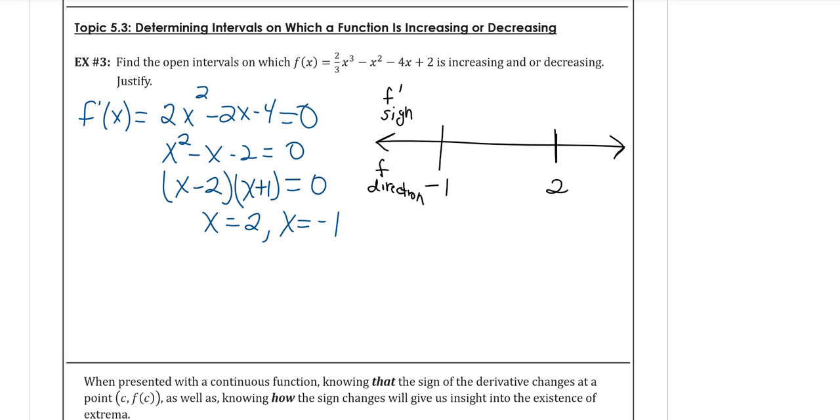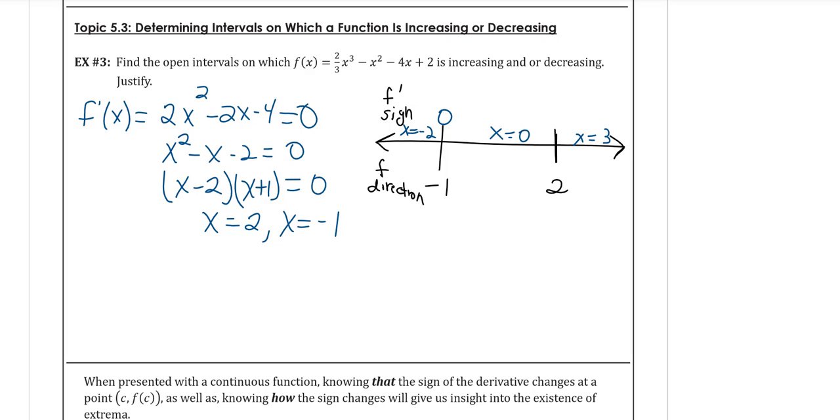I'm going to choose -2, because I already know I have a 0 here, then 0 here and 3 here. Now, I don't need the actual values, but what I do need to know is whether f is increasing or decreasing. Looking at the sign of the derivative will tell me whether the slope is positive or negative.